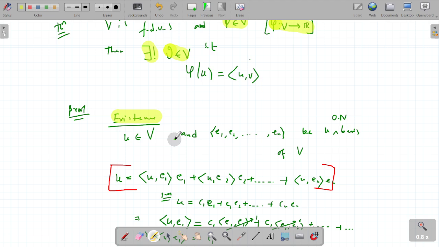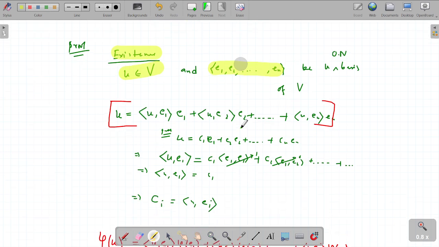Let's say u is an arbitrary point from the vector space V, and e1, e2, ..., en is an orthonormal basis of V. Any inner product space will have an orthonormal basis.